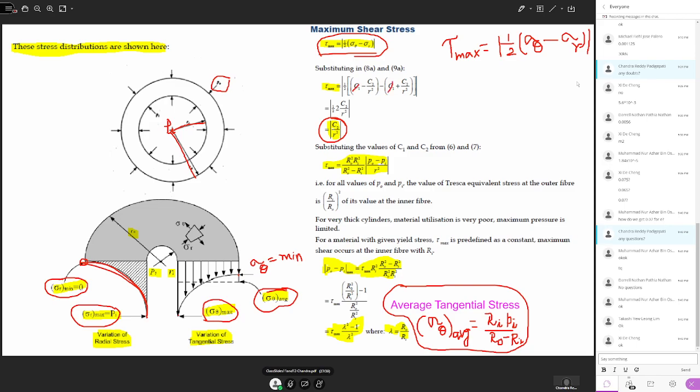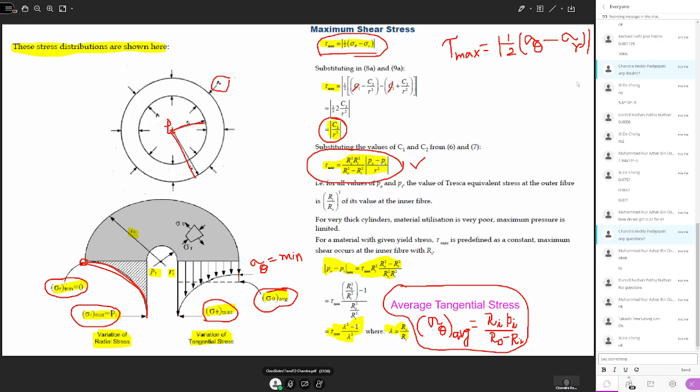Therefore, you will get the maximum shear stress as C2 over r square, magnitude. If you replace C2, then the formula for the maximum shear stress will be this. All right, so you can write down the maximum shear stress formula for the thick cylinder like this.